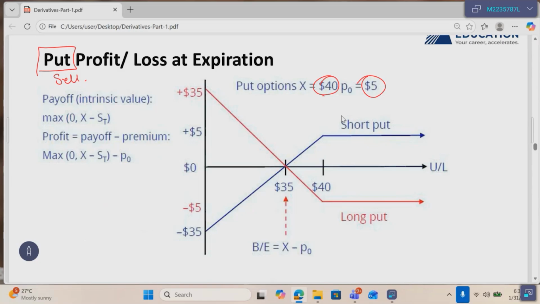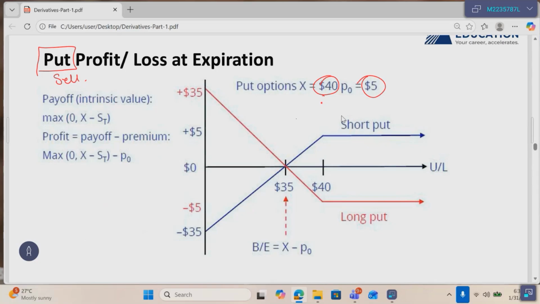Say I'm selling at 40. If the market price is 45, will I sell it? No, I'll go to the market and sell. So here, the market price should be 30, 20 or 10 for me to exercise, right or wrong?